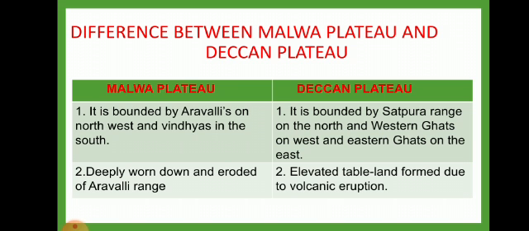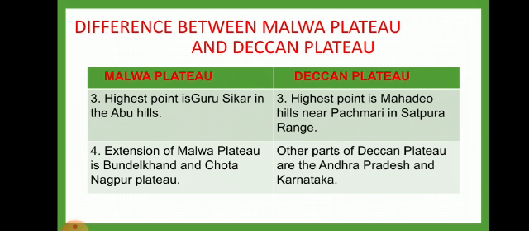Second point: Malwa Plateau is deeply worn down and eroded, an extension of the Aravali range. Deccan Plateau is an elevated tableland formed due to volcanic eruption. Third point: Malwa Plateau's highest point is Guru Shikhar in the Abu Hills.